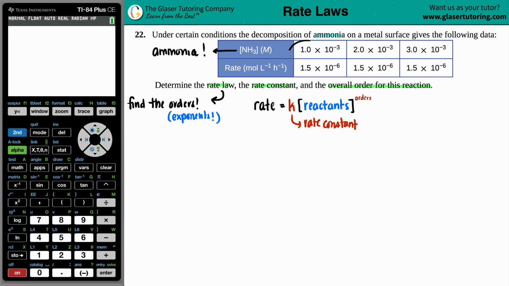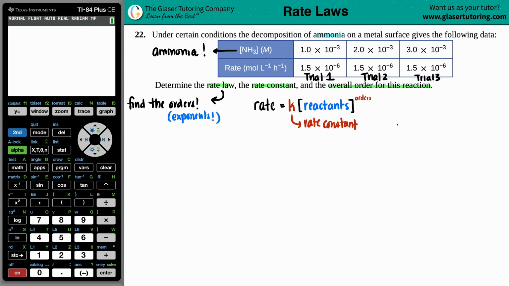And for a certain molarity, out comes a certain rate for that reaction, how fast the ammonia is decomposing. They give us a second molarity value, and the rate dictates how fast the ammonia is decomposing. So we have 3 trials, or experiments, that's fine as well: trial 1, trial 2, and trial 3.